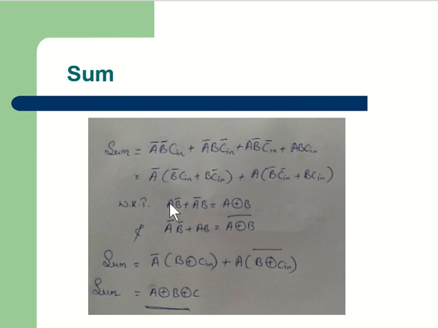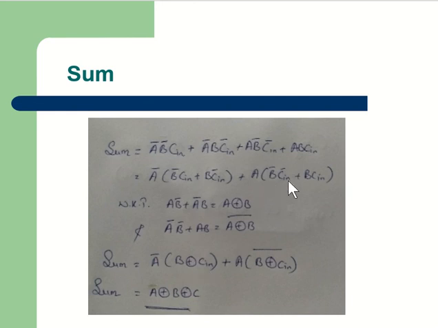If you look at the expression B bar C in plus B C in bar, it is of the form A B bar plus A bar B. We know that the expression A B bar plus A bar B is nothing but A XOR B. So we can rewrite this expression as B XOR C in.